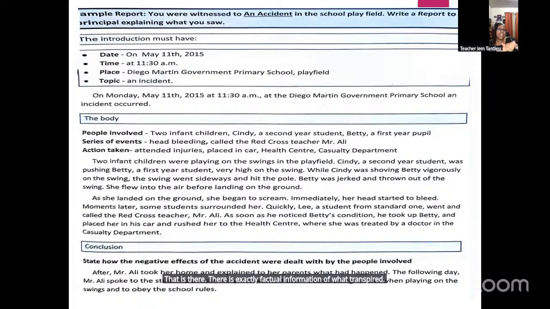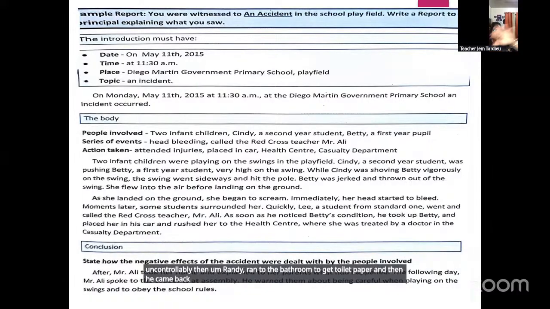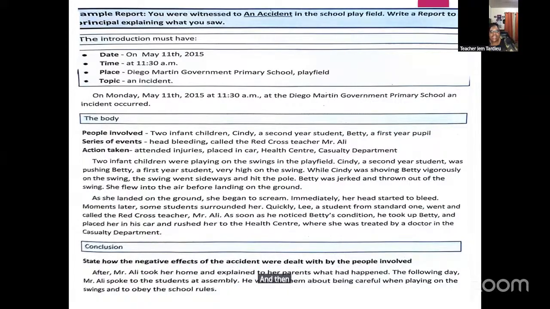We didn't have the additives of, what's her name, Betty bawling uncontrollably, and then Randy ran to the bathroom to get toilet paper, and then he came back, then he forgot to get a rag with water, so he went back, and then he came back, and then he decided to go. So we don't want the rambling.